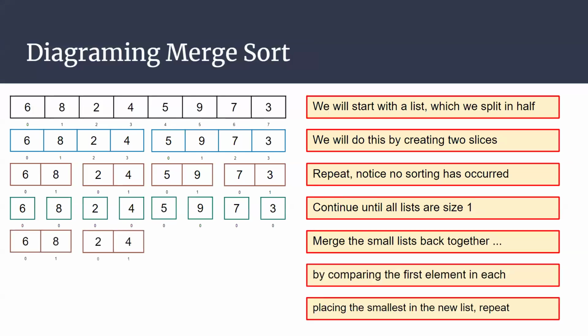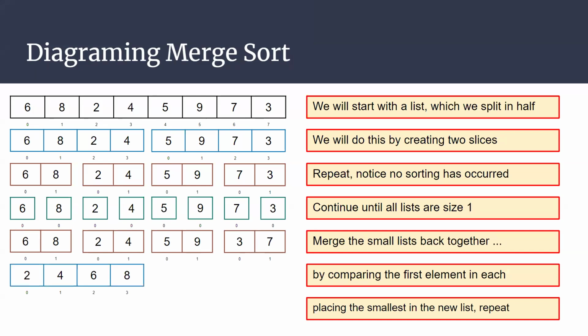So the first merge, now the second merge. We compare the first elements. 2 is smaller, so we take 2 first to the result. Then we compare 6 and 4. 4 is smaller. We remove 4 and append to our result, and here we will have empty list.